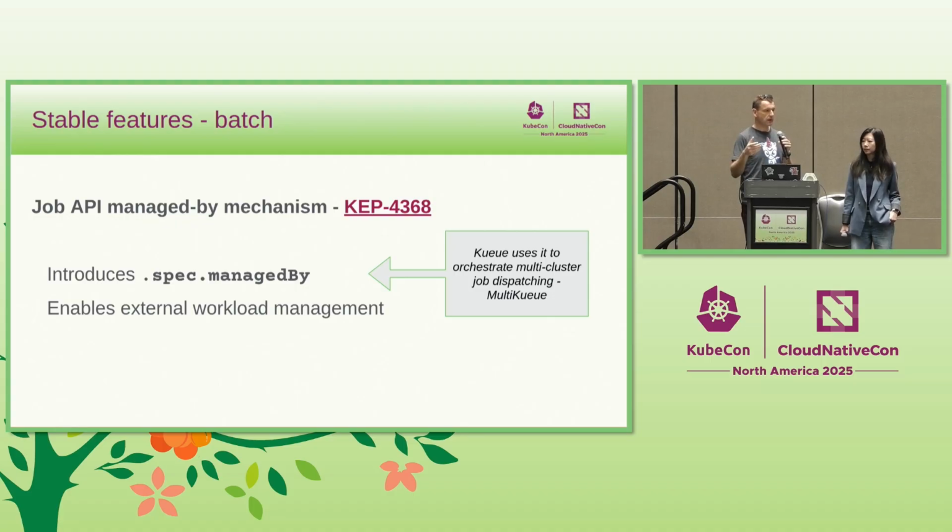Normally, if you create a job resource, the built-in job controller will kick in and will start acting on your job. In this particular case, it's totally reasonable for the job controller to kick in on all the subclusters. But in the hub cluster, the only thing that you want to do is keep the job there as an information or as an aggregation source where you are summing all the information from the subclusters.